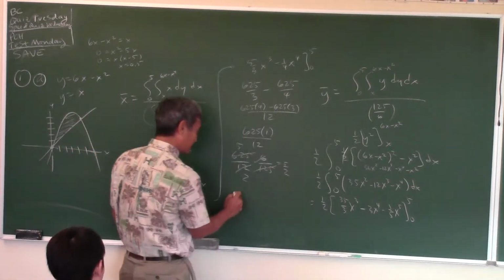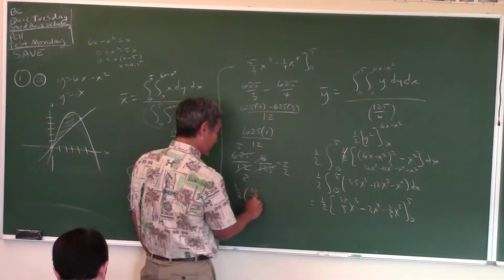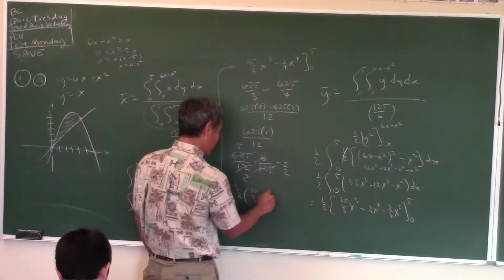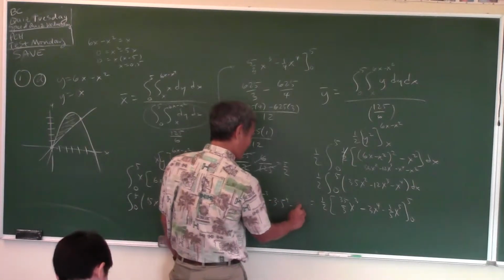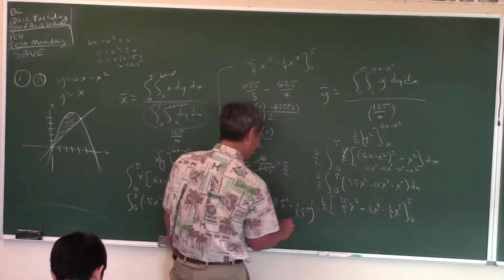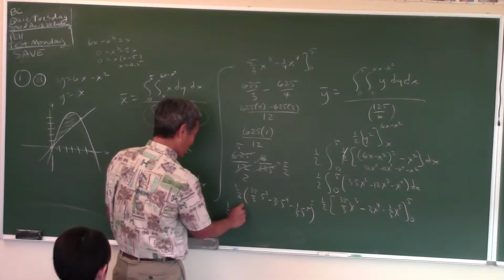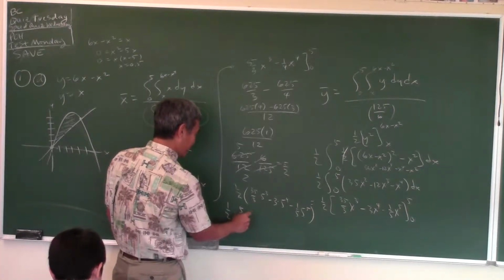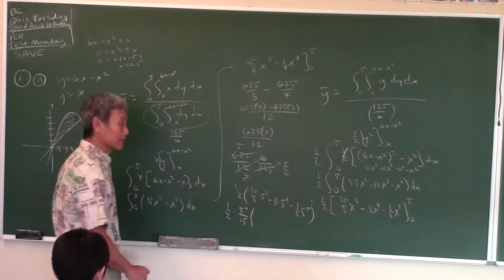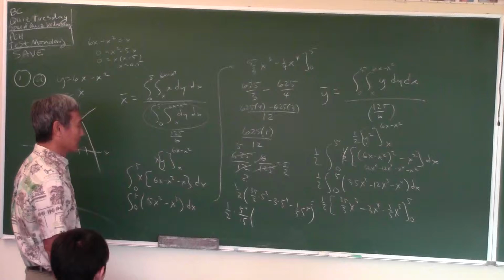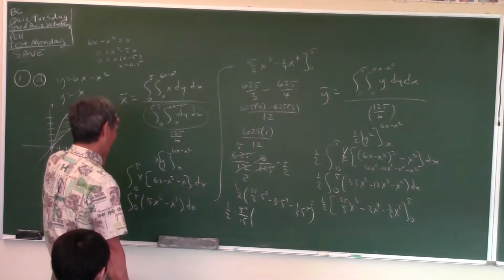So what do we got? 1/2, 35/3 times 5 cubed minus 3 times 5 to the 4th minus 1/5 5 to the 5th minus 0, right? What can be factored out? 5 to the 4 over 15, correct? Yes. If I factor out a 5 to the 4th over 15, what do you get?